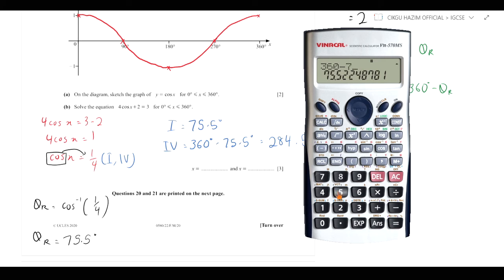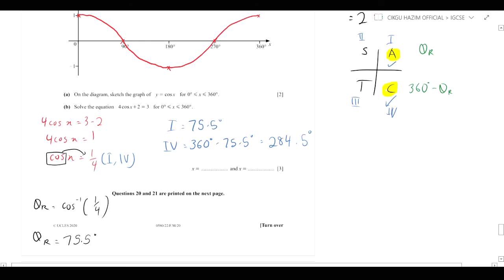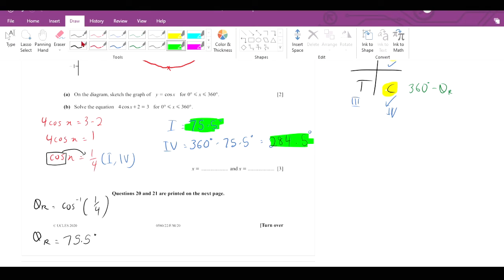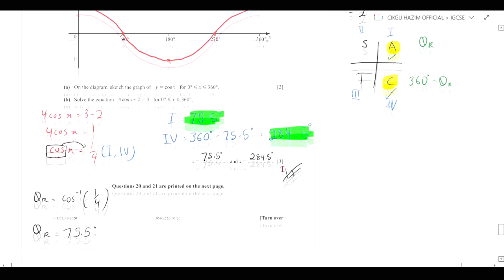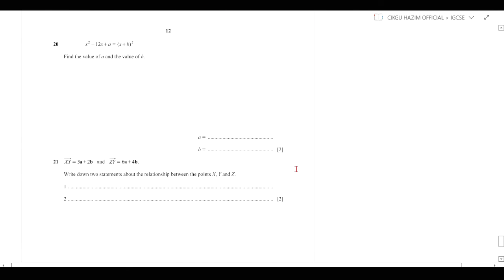So your final answers are these two: 75.5 degree and 284.5 degree. I hope you are clear with it. Let's continue on the next question.